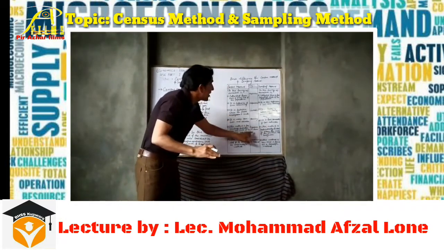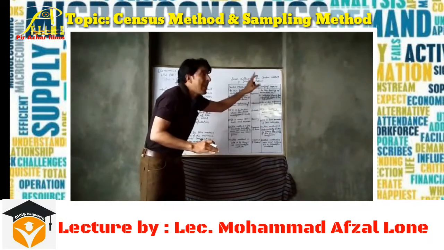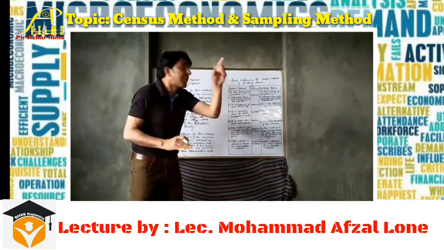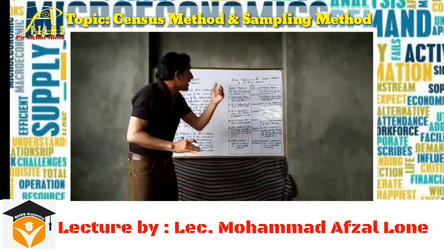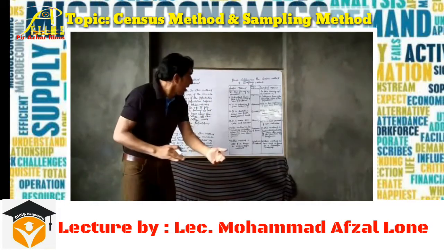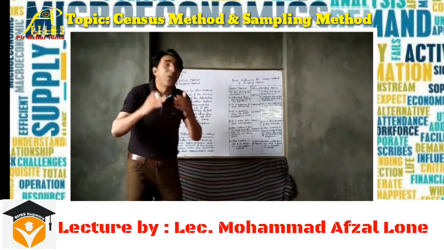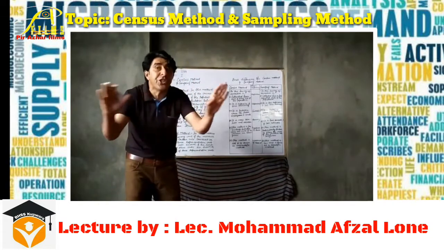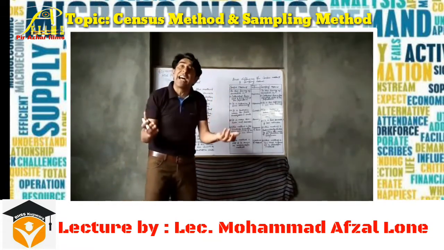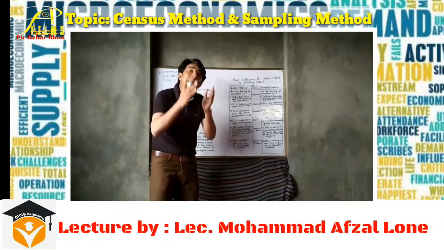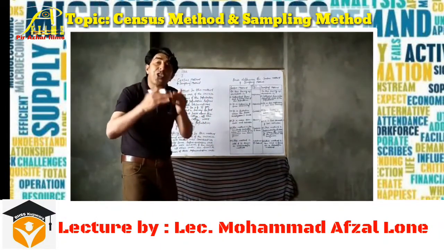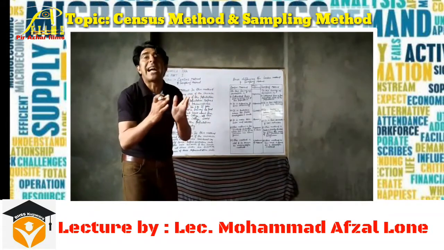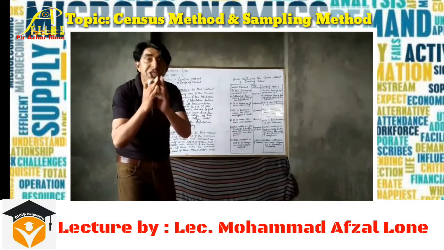Contrary to this, the sampling method is particularly suitable where the units of the universe are homogeneous. They are not heterogeneous. They are identical.